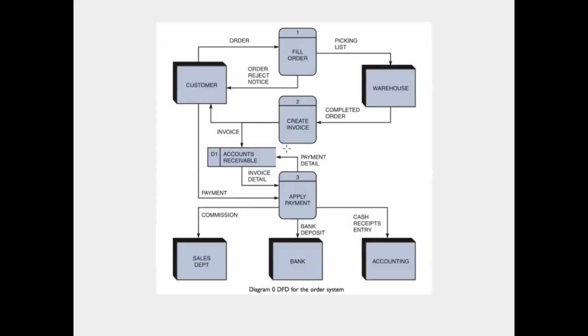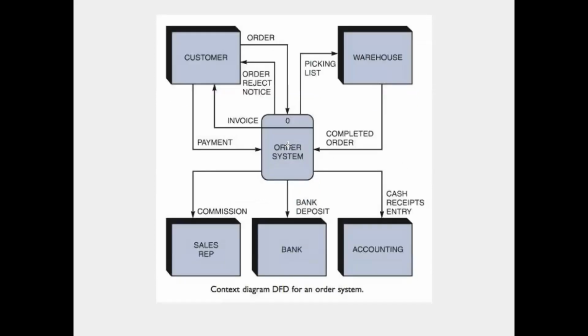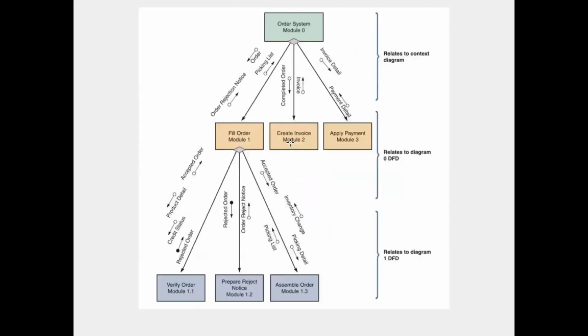In this one, as you can see, this is what they have modeled, and they have separated out what is related to the context diagram, then diagram 0, then again diagram 1 DFD.